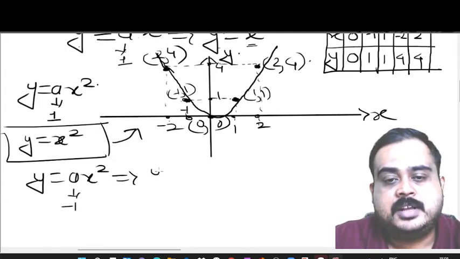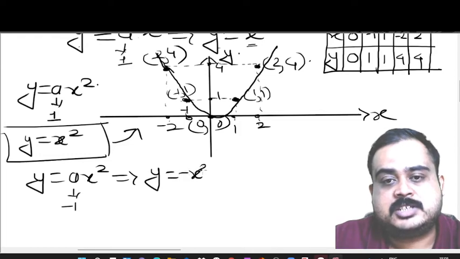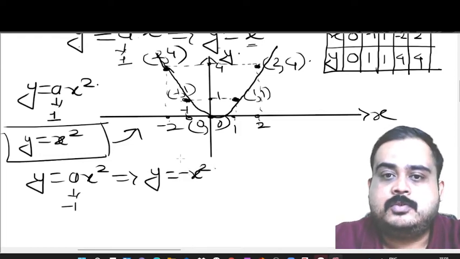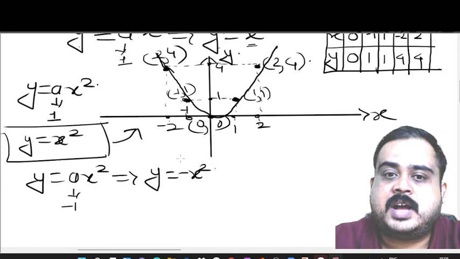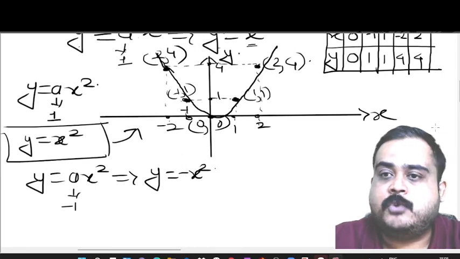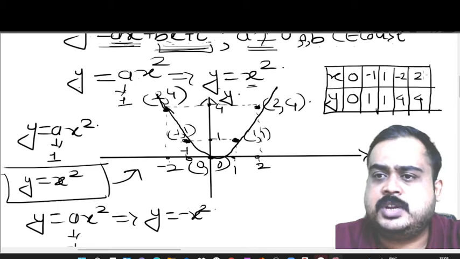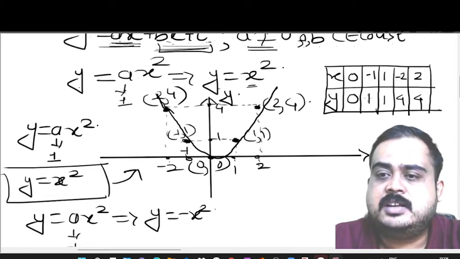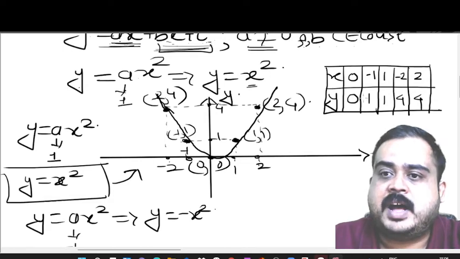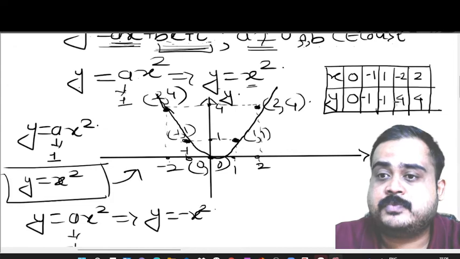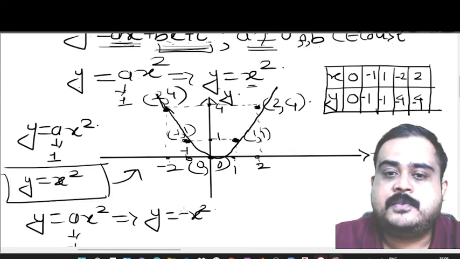So I have y equal to minus x square now. Now, when you plot this y equal to minus x square, what you will observe, take these inputs only. So for these inputs, you will observe that every value of y will be associated with a negative sign just. Okay, so these will be the values of y for y equal to minus of x square.